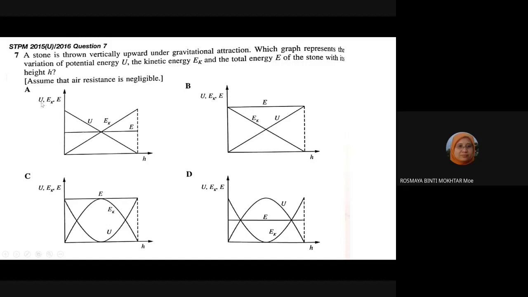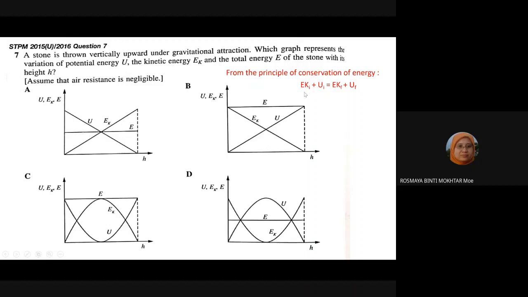U is potential energy. So for the stone thrown upward, we use the principle of conservation of energy, because we have all the energy involved here: potential energy, kinetic energy, and total energy. The principle of conservation of energy states that total energy is constant.